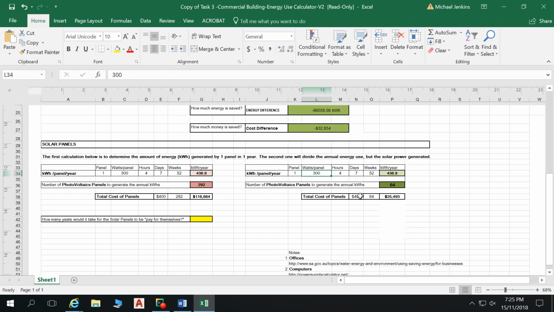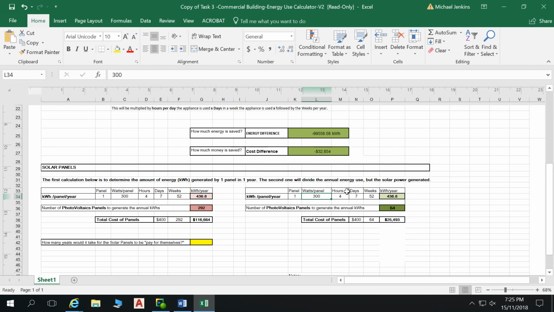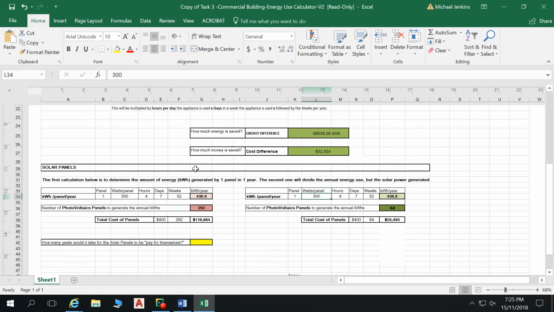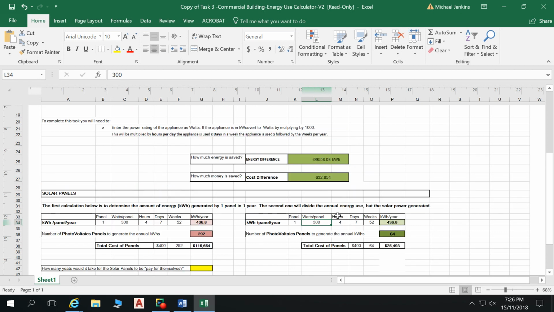First of all, we have to calculate how many solar panels we will need to cover our energy use. And wouldn't you need to know how much they cost as well? Yep, it says down the bottom, how many years will it take for the solar panels to pay for themselves? Yeah, I think so. That cost of panels, so $400 per panel. So that's in there.